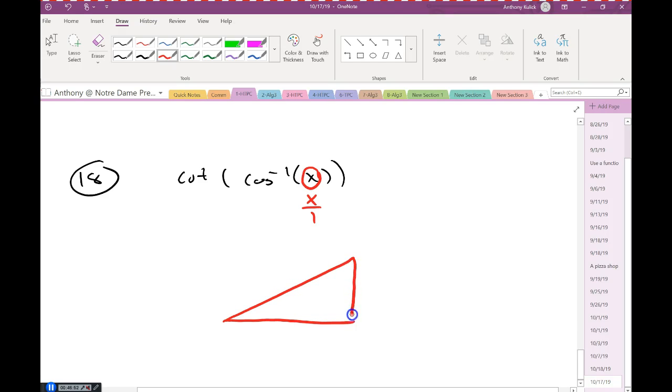So now I'm going to draw a right triangle and label one of its angles theta. Relative to that angle, the adjacent side is going to be 1, and the hypotenuse is going to be x. I'm now going to find that third side by using the Pythagorean theorem, which is going to be the square root of x squared minus 1.